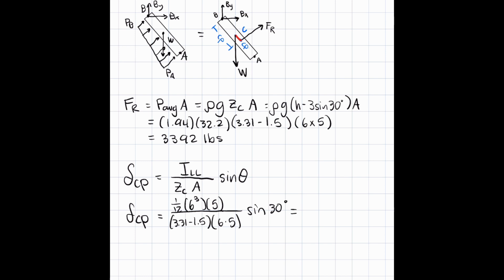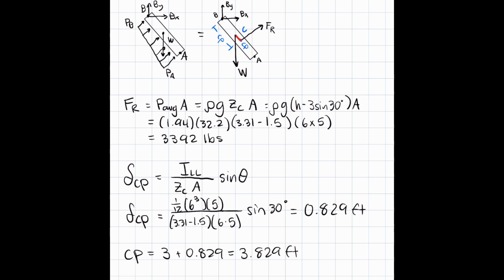If you plug that into a calculator, you will find that this comes out to be 0.829 feet. Which means our actual center of pressure distance is equal to 3, which is the centroid, the 3 feet along the beam itself, plus 0.829 feet. So we know that this force acts at 3.829 feet along the beam.